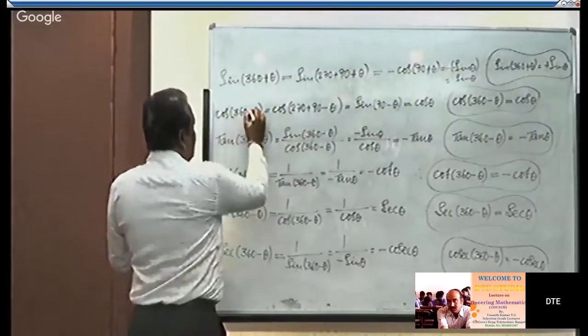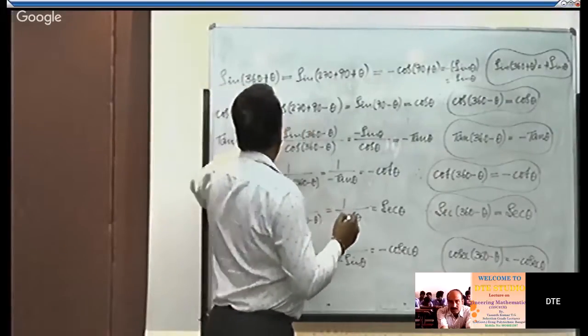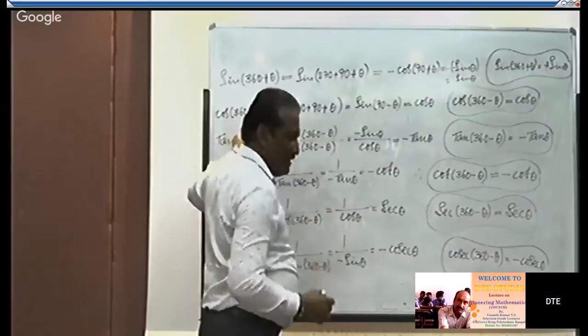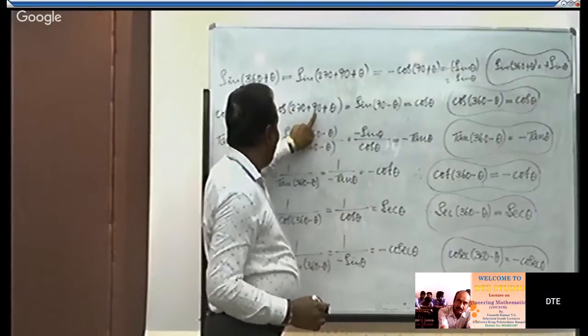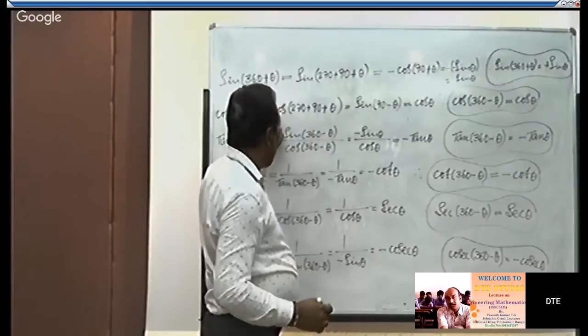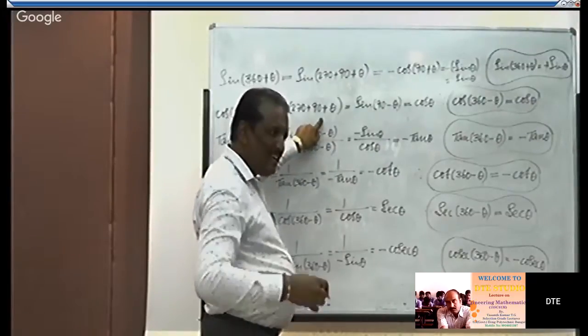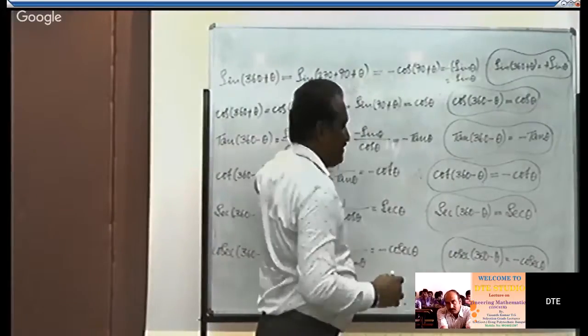This is how 360 plus theta is connected to theta for sine. For cos, 360 is 270 plus 90, and plus theta as it is. As usual, take 90 plus theta as theta for the time being. Read it as cos of 270 plus theta. We know that cos of 270 plus theta is sine theta. In the place of theta, it is 90 plus theta.